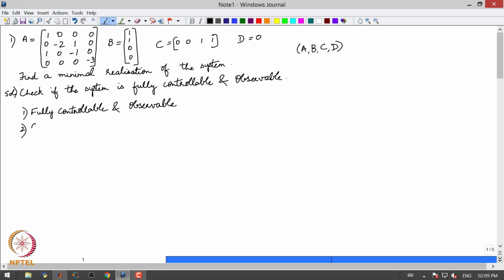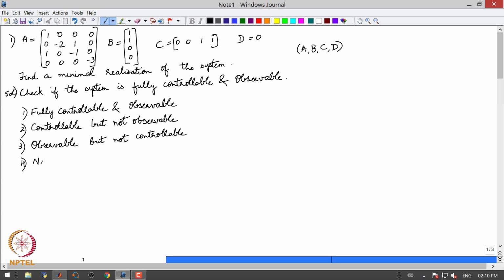The second one being the system being controllable but not fully observable. The third one being the system being observable but not fully controllable. The fourth one being system being neither fully controllable nor observable.